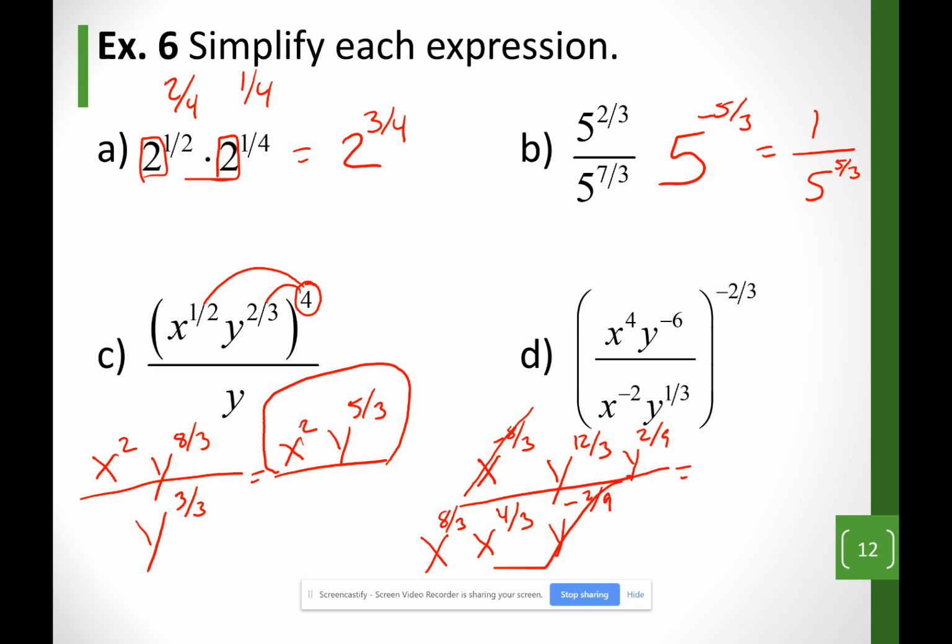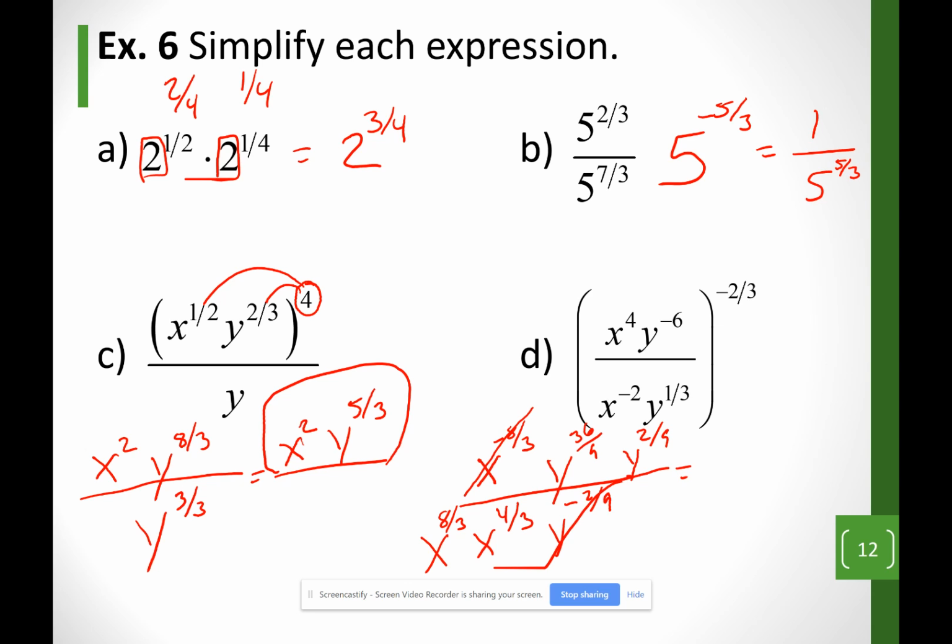So let's combine the exponents on the top. I'm going to add them. But before that, my first exponent, 12 over 3, I can write that as 4. I can simplify that exponent. But now I want this to be common denominator. So 4, I can write that as 36 over 9.